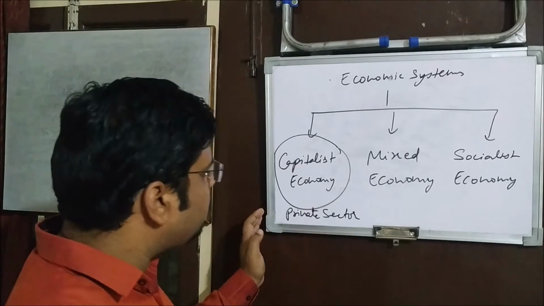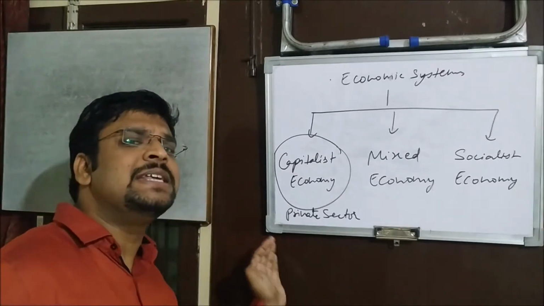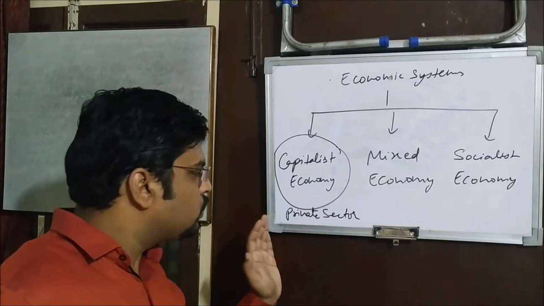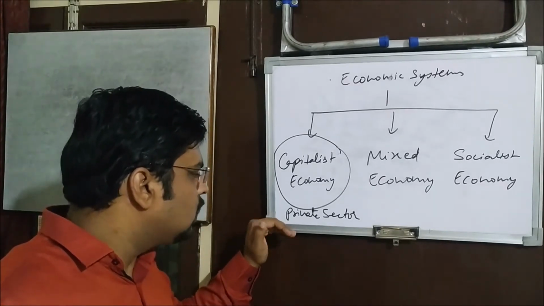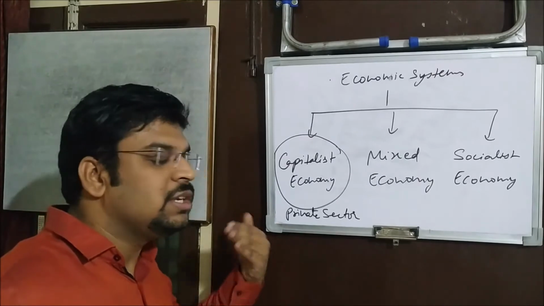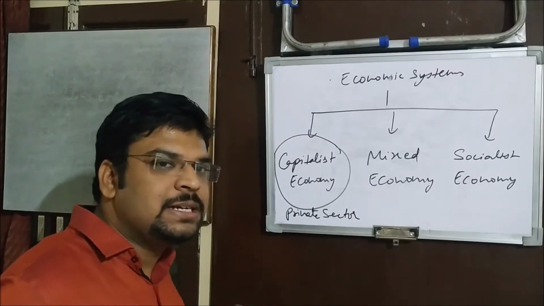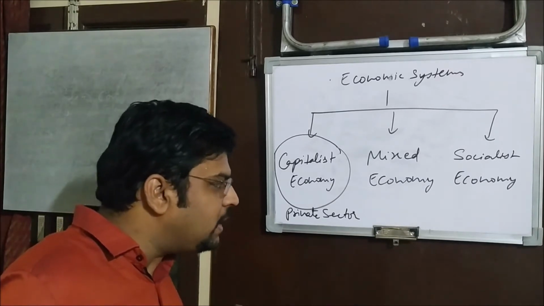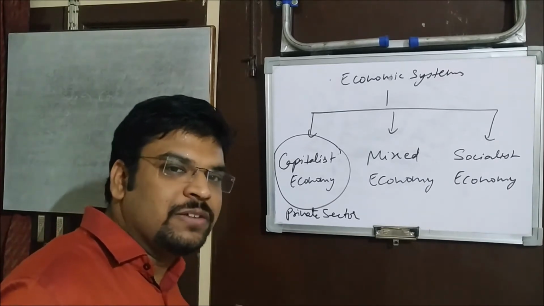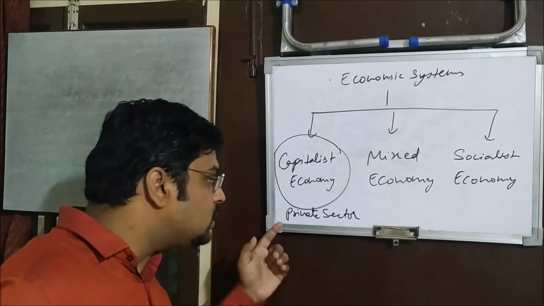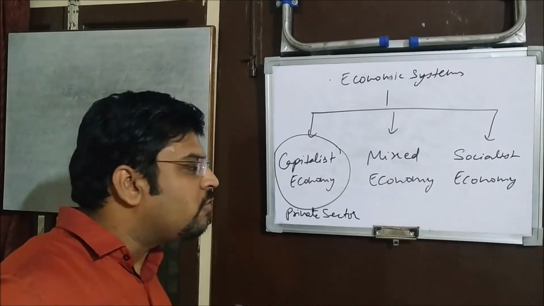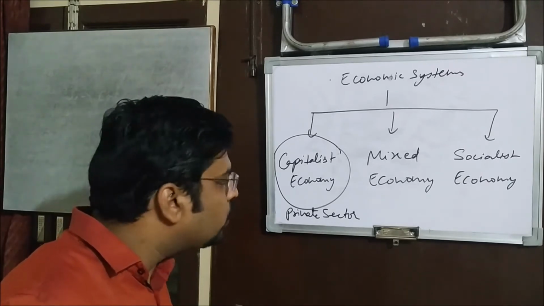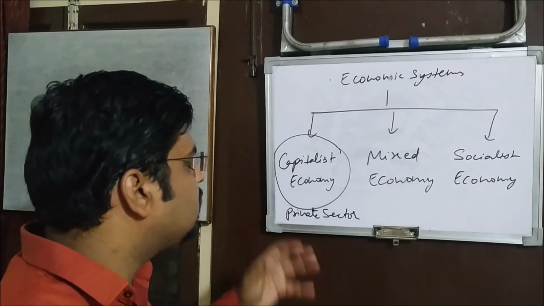There are advantages and disadvantages of all three systems. In this system, the private sector becomes stronger than the public sector, and it can give a threat to the government at any time. And in these countries there are very high chances of recession. That is the flaw in the capitalist economy.